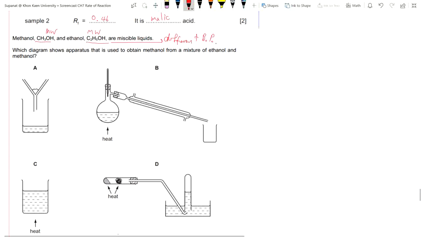Okay, so how can we separate by using the boiling point? We can do distillation, right?